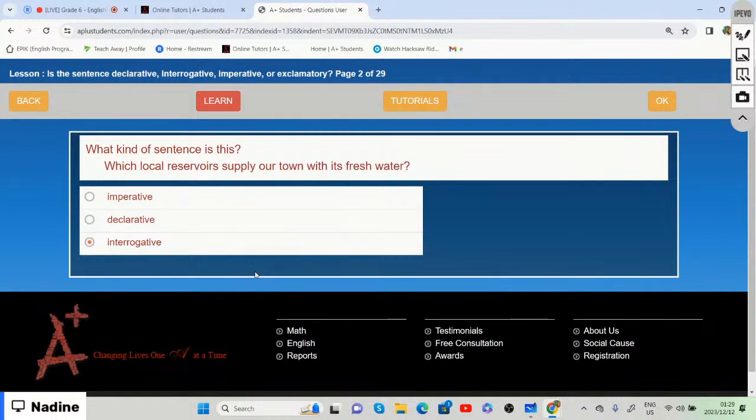An interrogative sentence ends with a question mark. That is basically the only one out of the four types of sentences that is an interrogative sentence.